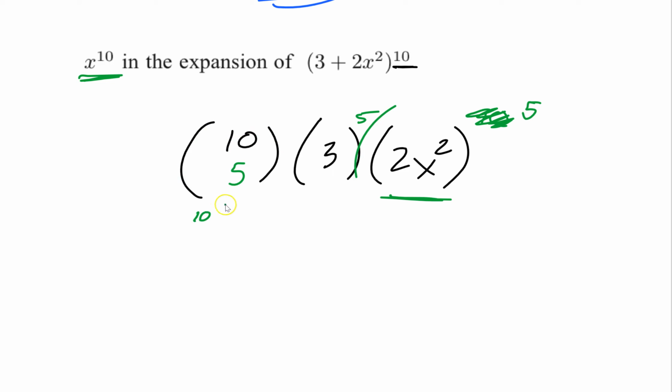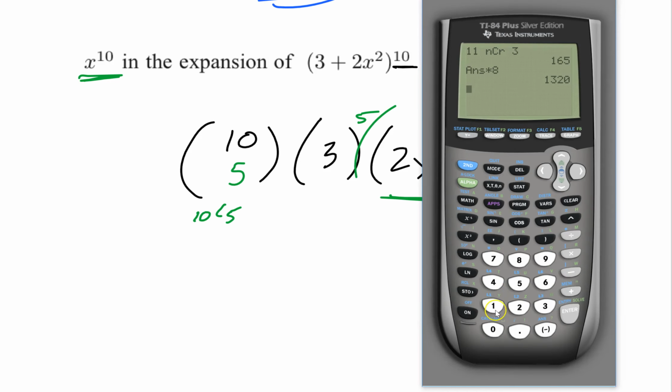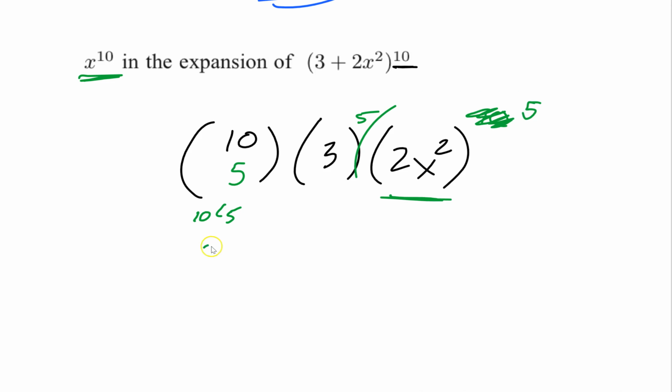10 choose 5. We'll use our calculator again, because I think it's going to be pretty big. Not terribly big, but bigger than I want to deal with. So 252. 3 to the 5th is 243. That 5 goes to both of them. So 2 to the 5th, x to the 10. Again, which is the one I wanted. That's why I couldn't put a 10 there, because it would be too big.